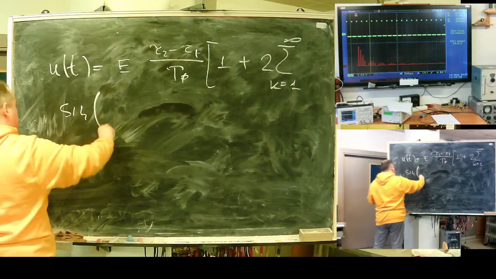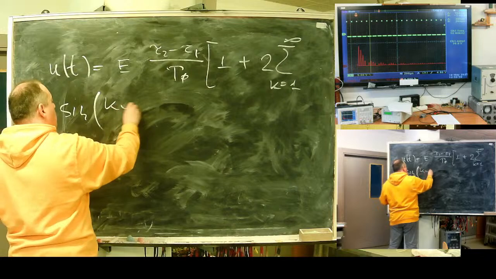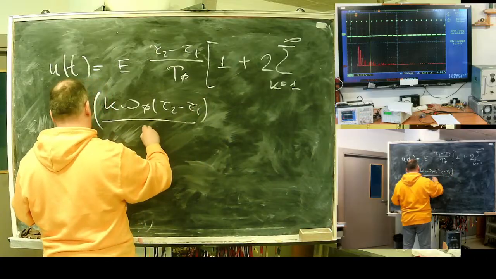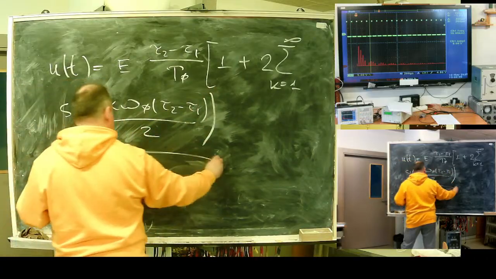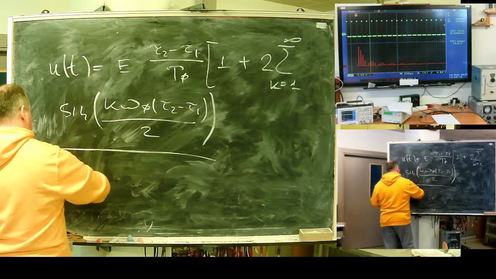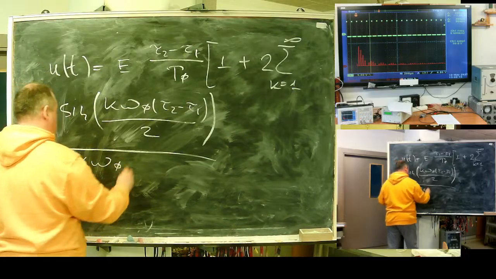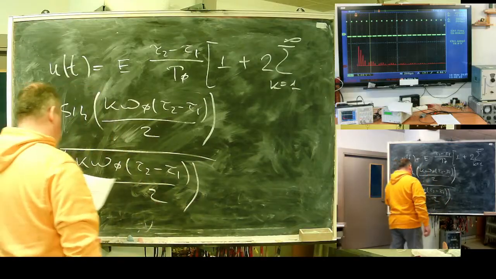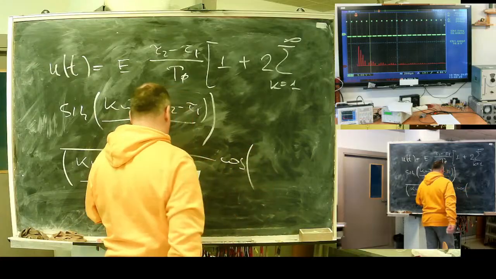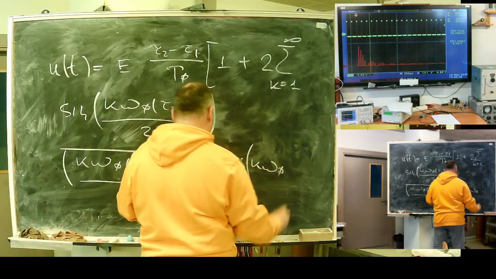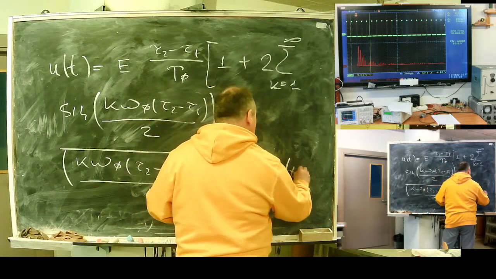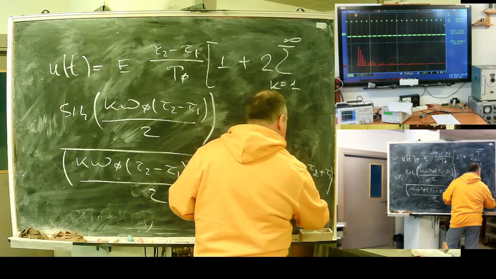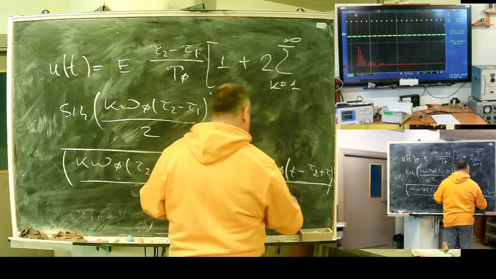Of sine of kω0 (tau 2 minus tau 1) divided by half, and divided by kω0 (tau 2 minus tau 1) divided by half, multiplied by cosine of kω0 (time minus tau 2 plus tau 1), this should be divided by half.